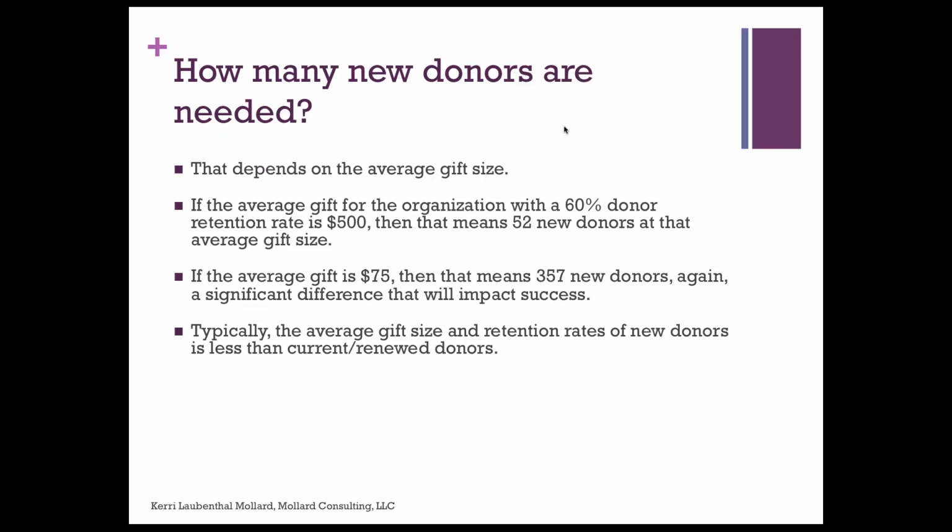Someone who is renewing, who's giving to your organization this year, last year, next year, their average gift size, and not 100%, nothing is ever 100%, but more often than not, and almost always, a first-year donor gives a lesser dollar amount than a renewing donor. So the first year I might give you $25. If I give to you again, it may be because I'm learning more about your mission and your impact, and subsequent gifts are maybe $50 or $75.